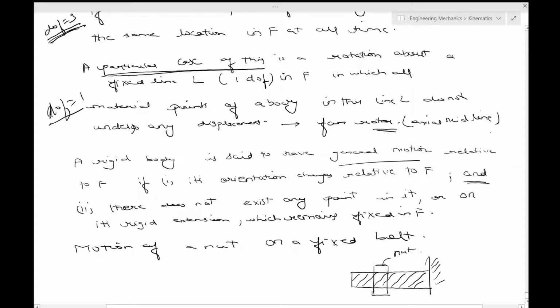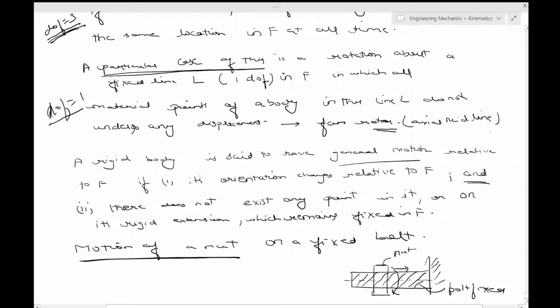This will keep on rotating. And what is the general motion here? It's clearly not of the bolt, which is fixed. It's the motion of a nut. The nut will keep on moving ahead in this direction, and it will also keep on rotating about this particular axis of the bolt, and this axis of the nut is also the same axis.